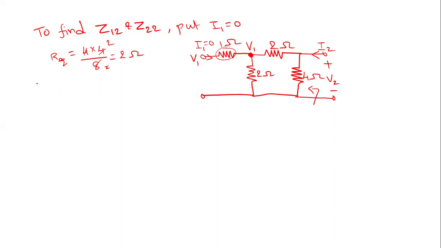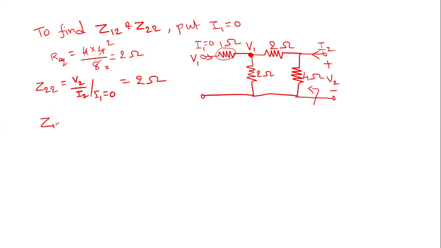So what is Z22? Z22 is V2 by I2 with I1 equal to 0. Already we have applied the condition I1 equal to 0. So Z22 is 2 ohms, V2 by I2.